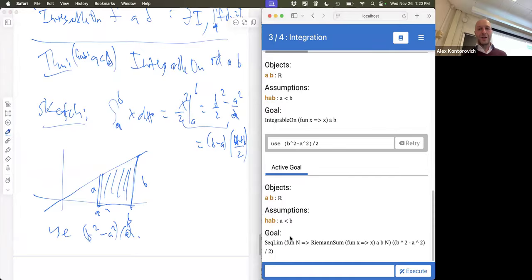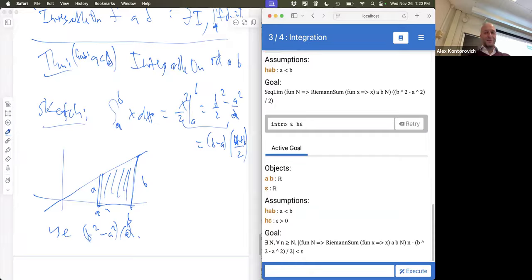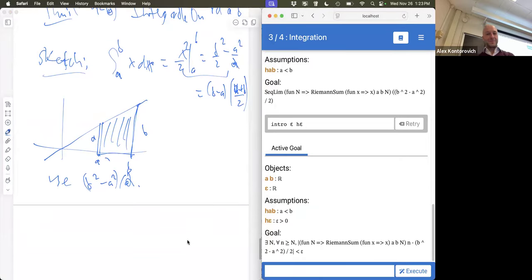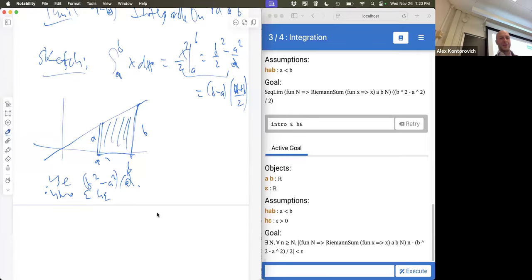Okay, so now I want to know that this sequence converges to this. So what? Intro epsilon, h epsilon. Give me the epsilon. Okay, so intro epsilon, h epsilon.